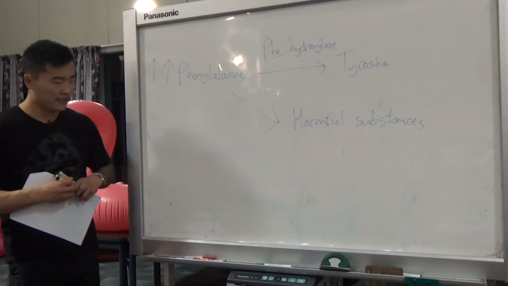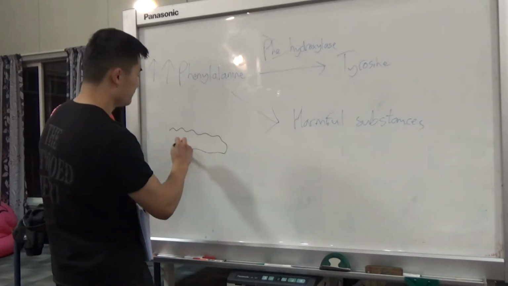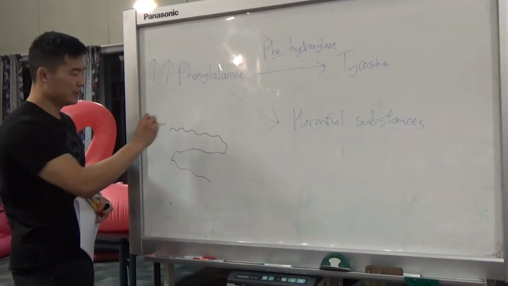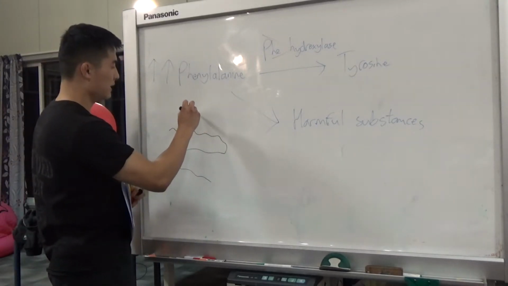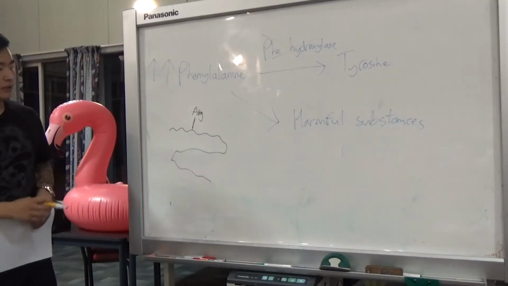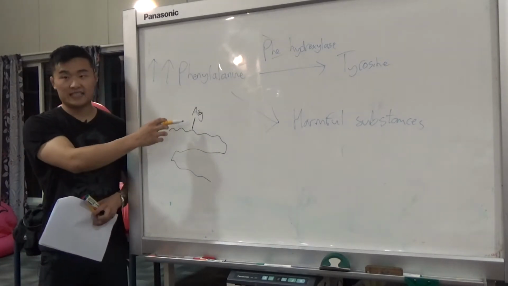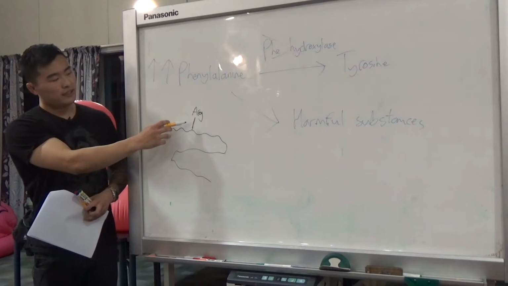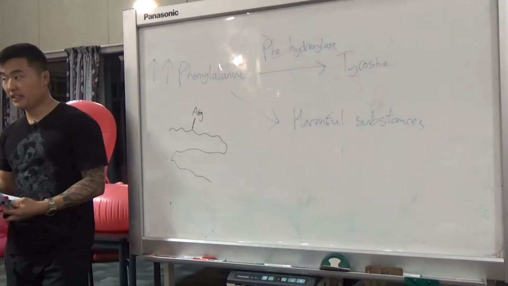Let's say this is the normal protein and it's got an arginine side chain here, and arginine is a basic amino acid.